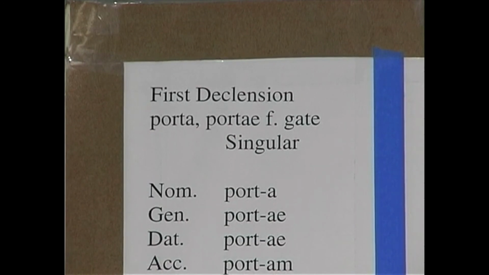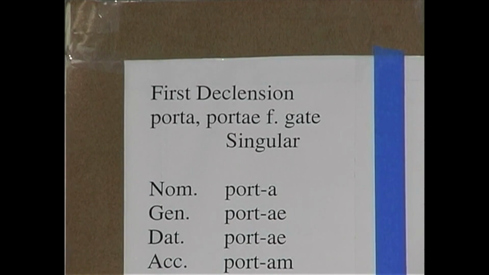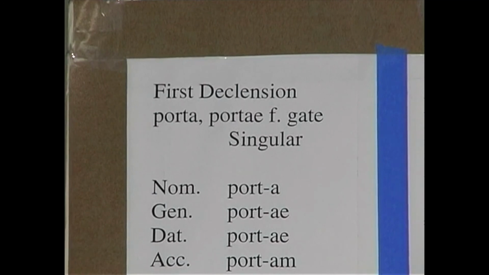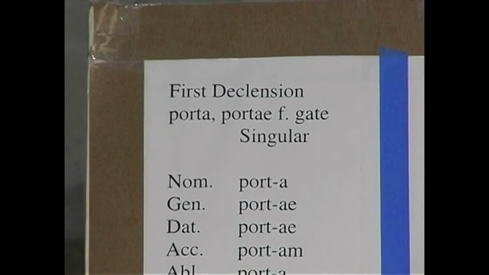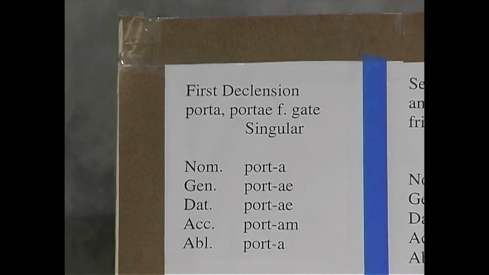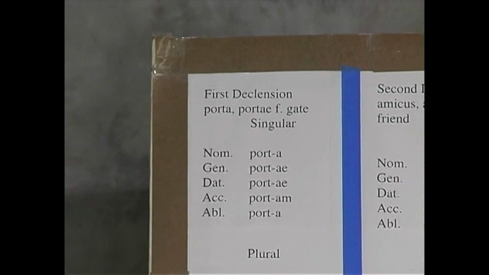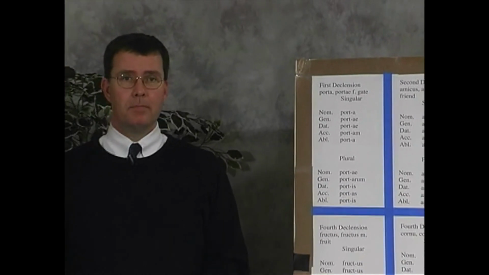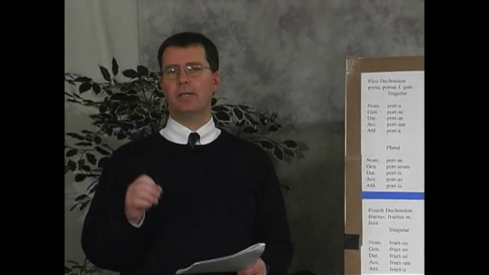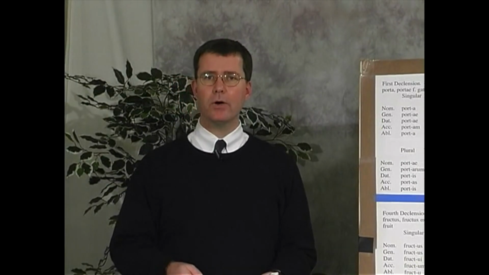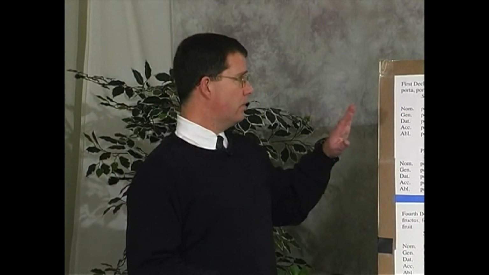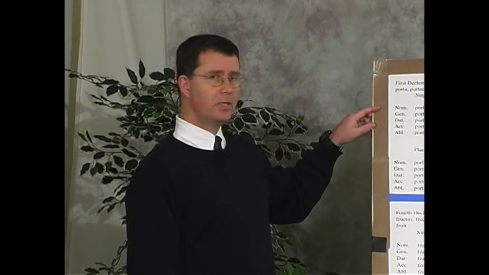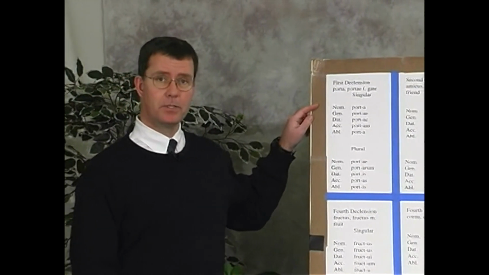Most first declension nouns are feminine, although there are some masculine nouns in this declension, and they mostly refer to professions, such as nauta, nautae, masculine sailor, poeta, poetae, masculine poet, agricola, agricolae, masculine farmer. But those are exceptions. Usually you can rely on a first declension noun to be feminine, because most of them are.